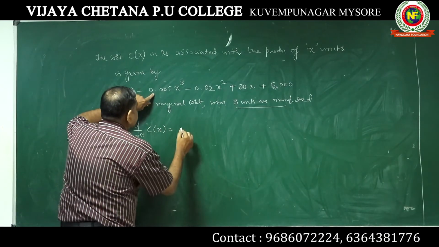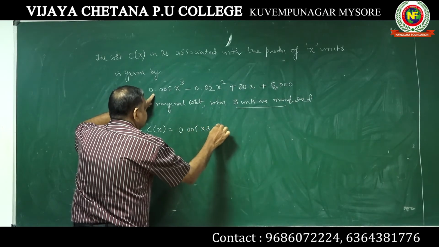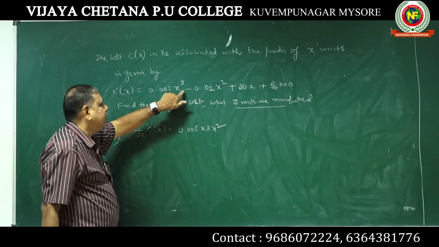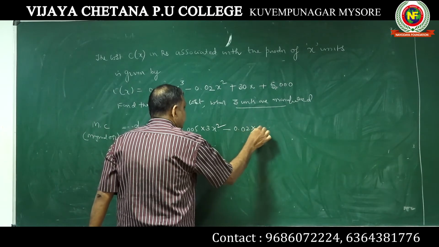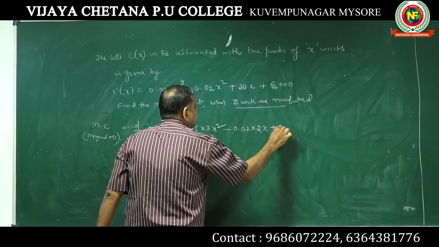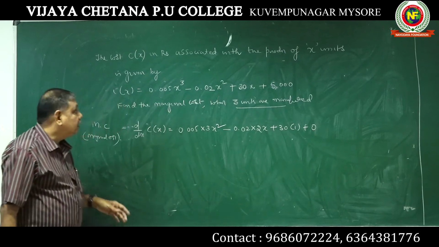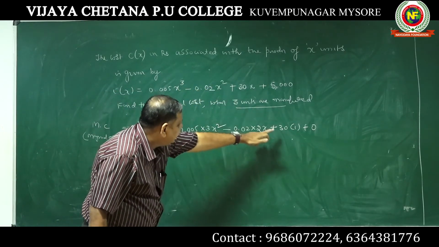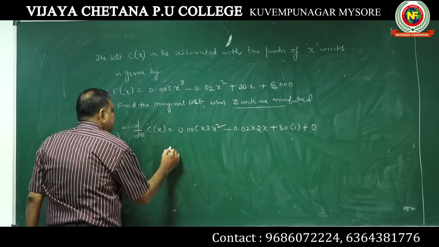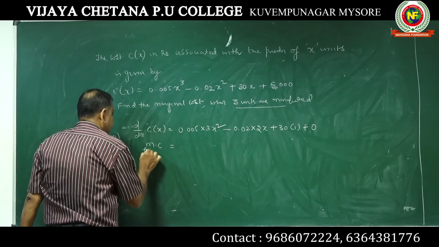When you differentiate, 0.005 into 3x square, minus 0.02 into 2x, plus 30 into 1, plus 0. This is MC, marginal cost for x units.